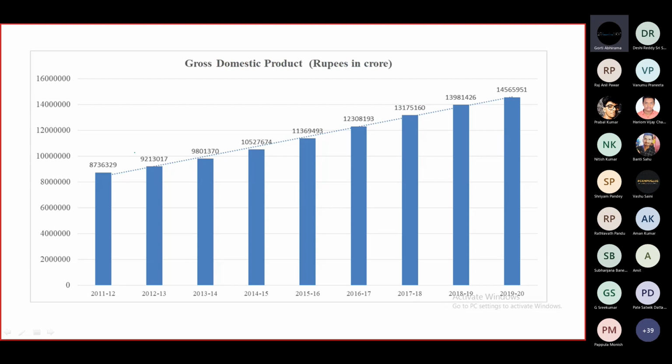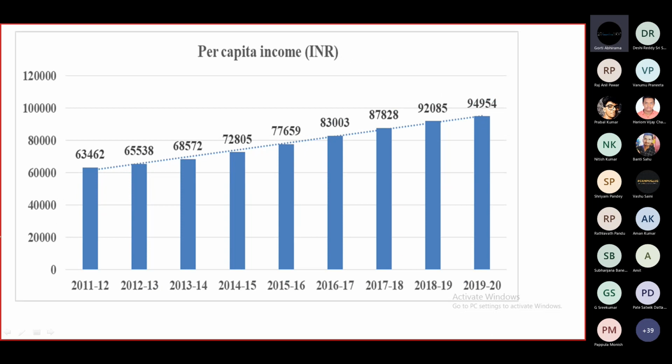So if you look at India's GDP for the last few years, we see it has been increasing over the time period. The same rising trend we will observe also for per capita income.